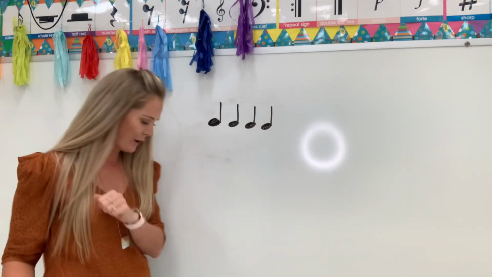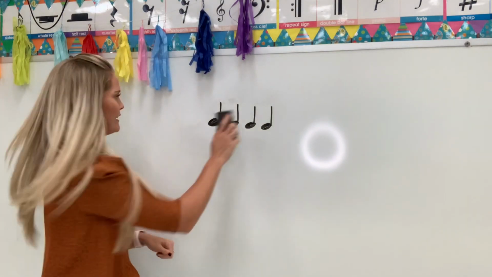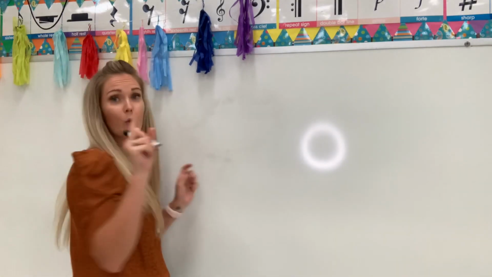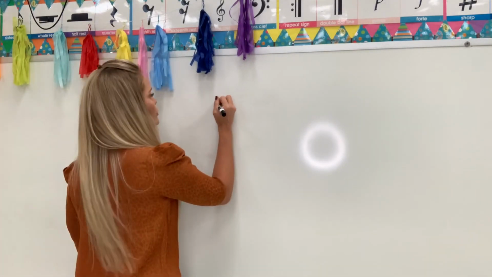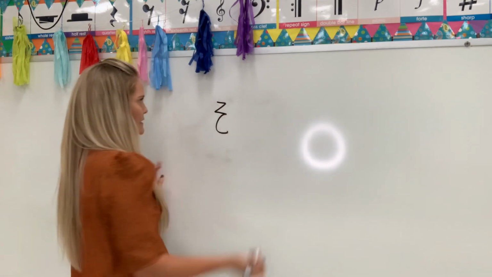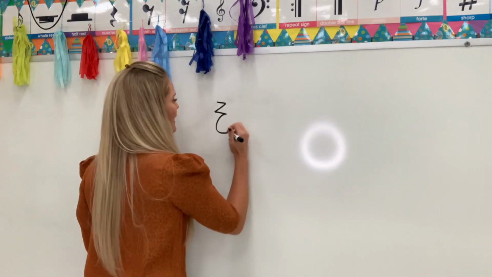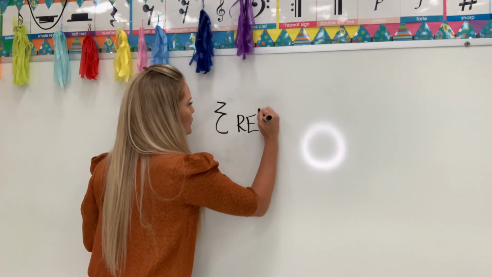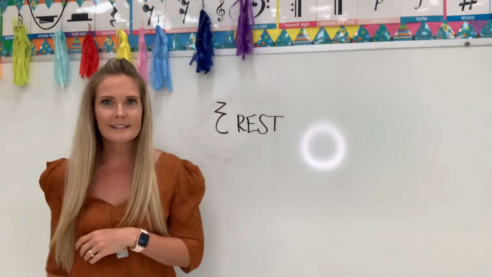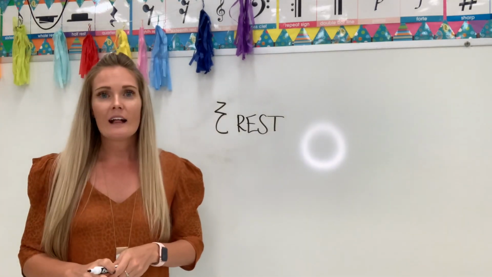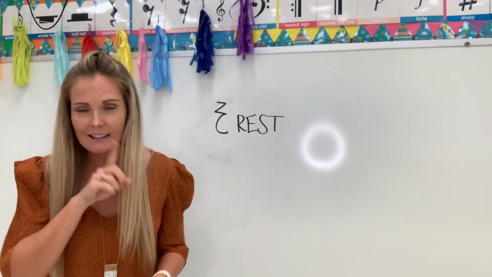Super easy. Okay. Next thing we're going to learn is not a note. This is a music symbol. I'm gonna first draw it on the board so you can see. If you wanna learn how to draw this symbol, you're drawing a letter Z and a C underneath it. That's how Miss Gutierrez learned how to draw it. This is called a rest. What is a rest? When you see a rest in music, that means it is a silent beat.